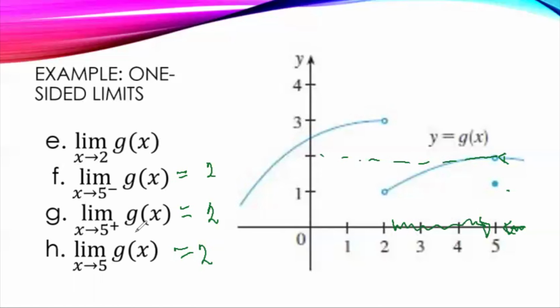Therefore, the limit as x approaches 5 is equal to 2. That is how we solve for the function value as well as for the limit of the given function as x approaches a certain value of x.